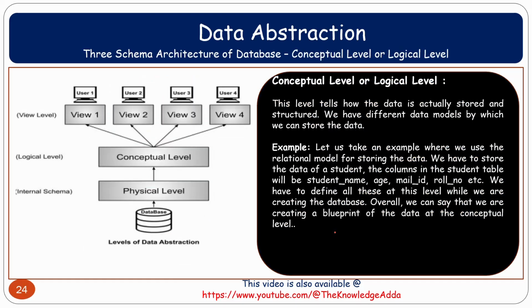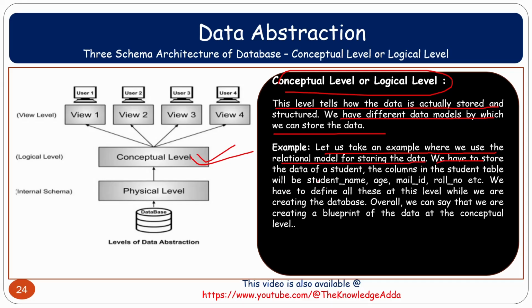Now talking about the conceptual level or logical level, we can say that this is basically the middle level, and in simple language this is the level where mostly coding is done. This level tells how the data is actually stored and structured. We have different data models by which we can store the data, and let us take an example where we use the relational model for storing the data.